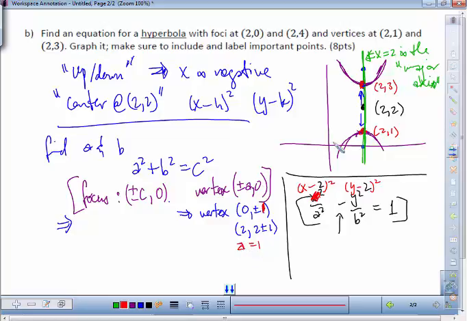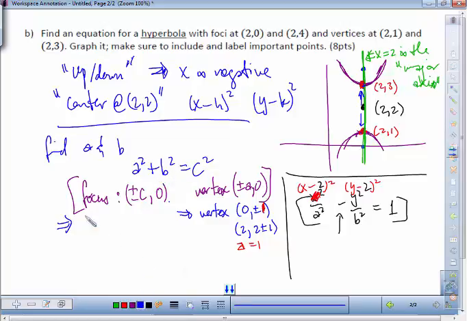And the A, according to the formula, is what goes under the Y variable. Now, we can't find B, but we can find C, and then that'll help us find B.